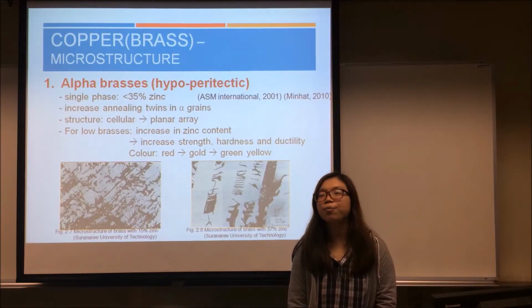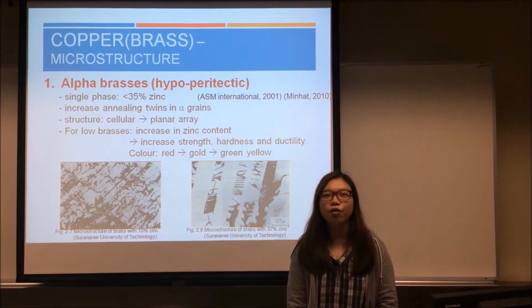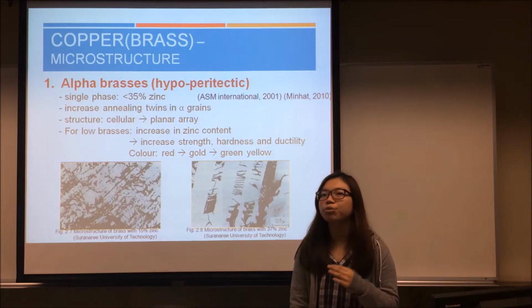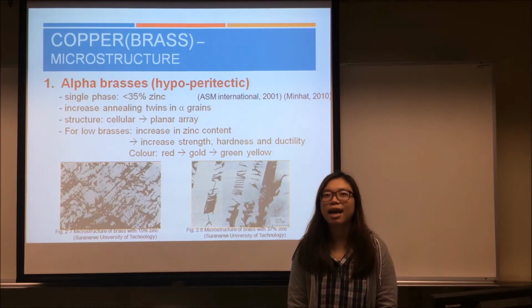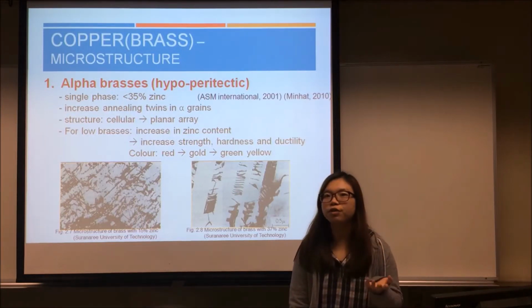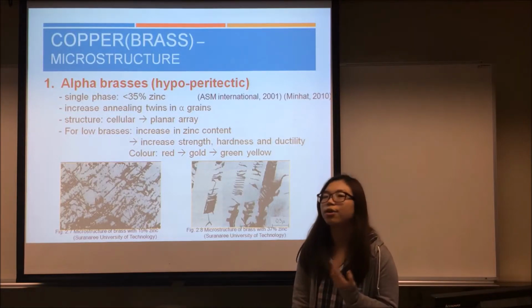First, alpha brasses. The alpha structure of these brasses contains up to 35% zinc. There is an increase in the annealing twins in alpha brass with increasing zinc content. This can be observed when the alloy was undercooled and followed by annealing.